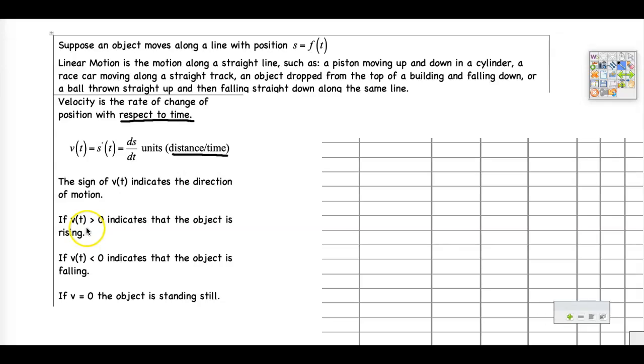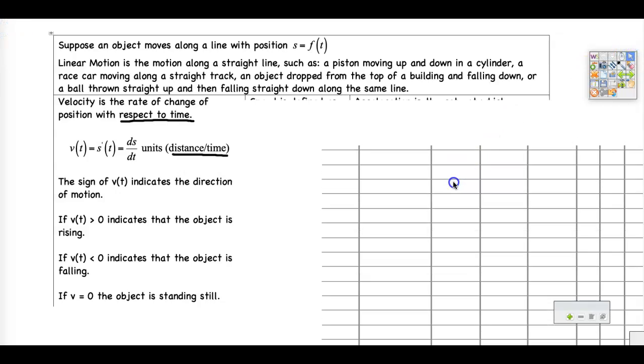If your velocity is positive, that indicates the object is rising. If the velocity is negative, that indicates the object is falling. And if the velocity is 0, then the object is standing still.